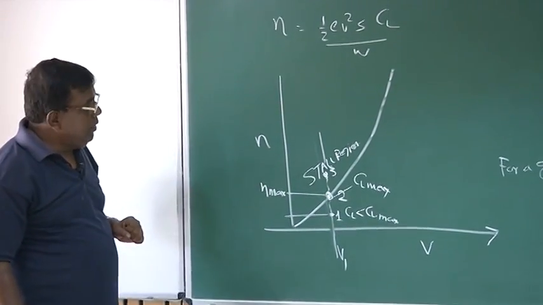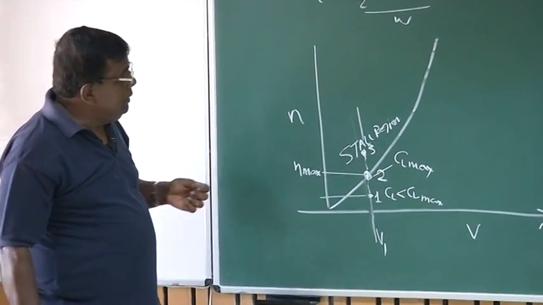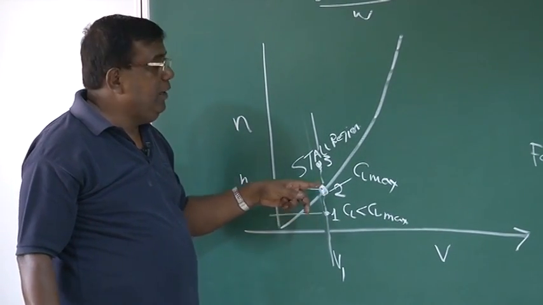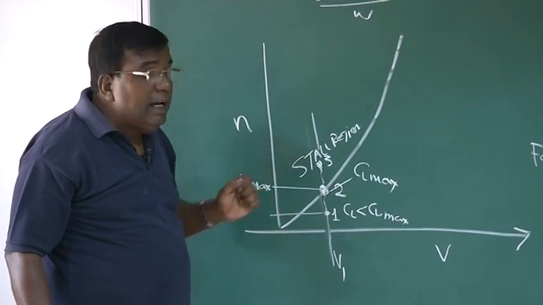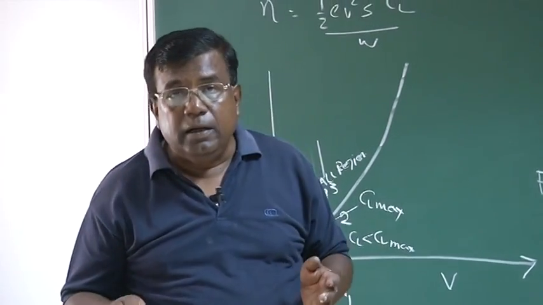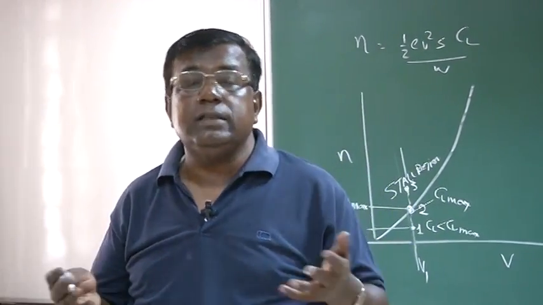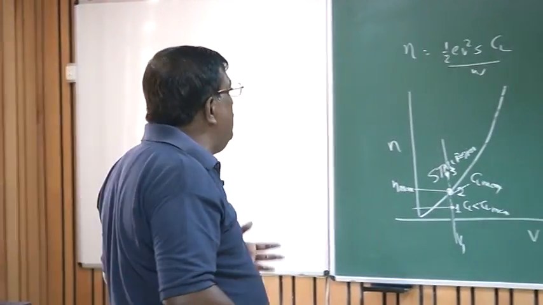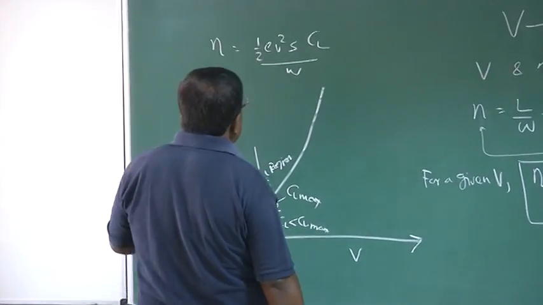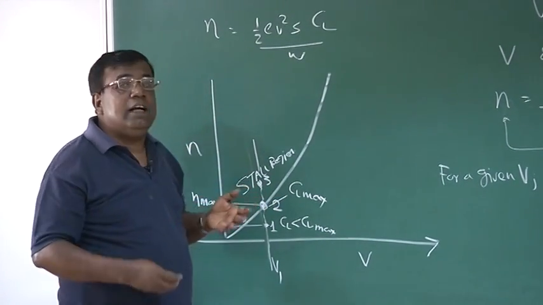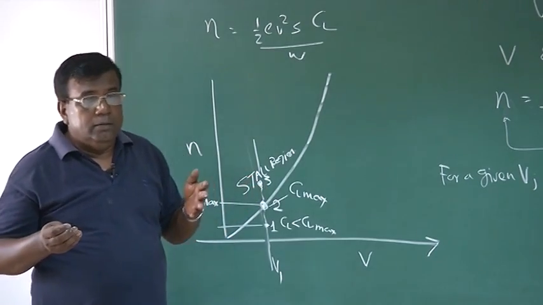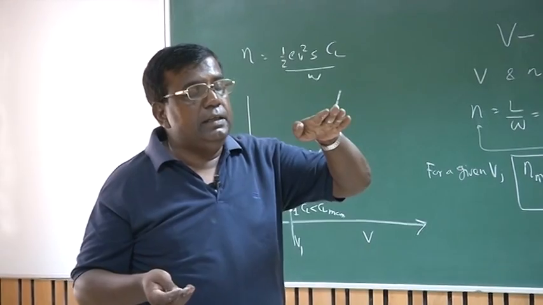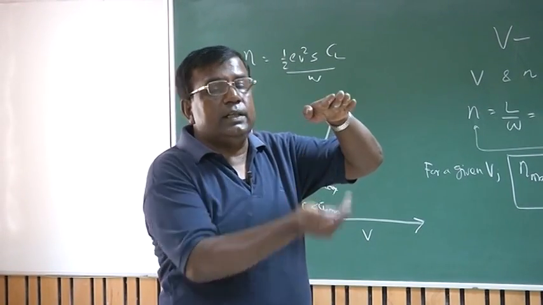Please understand another very practical thing. Suppose a pilot is flying the airplane somewhere here on this V-n diagram. But this V-n diagram is not giving any description about the wind gust available in the atmosphere. Right? So it is important when you are drawing a V-n diagram, I should also superimpose the gust profile. For example, suppose I am going like this at an angle of attack, say 10 degrees, and suddenly there is an upward gust.